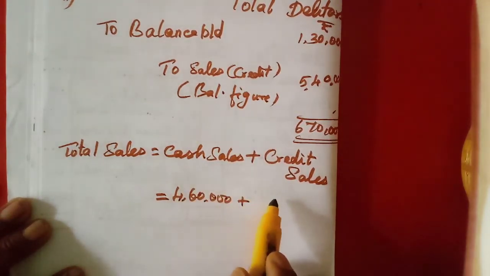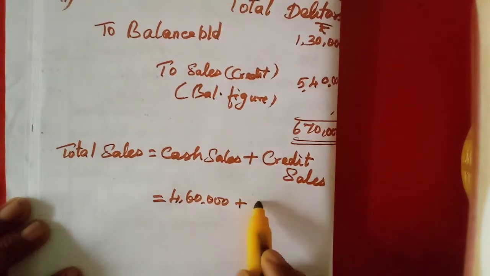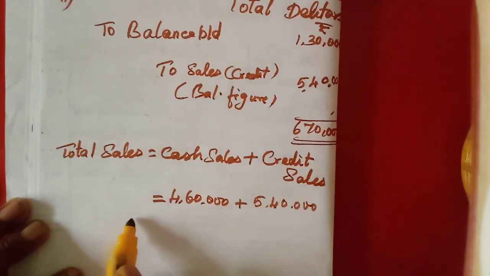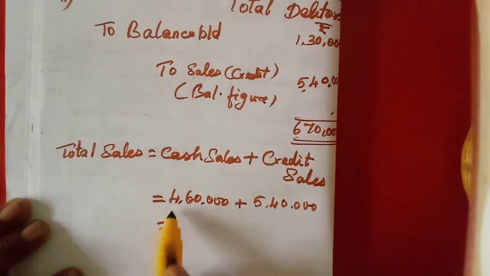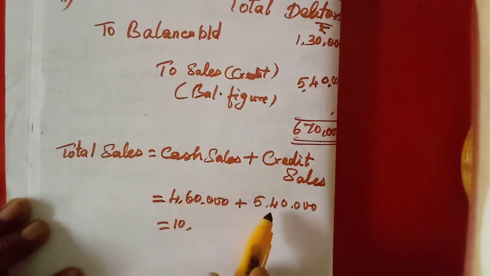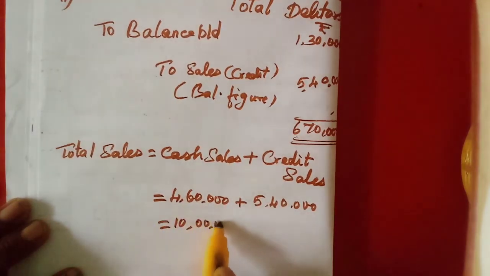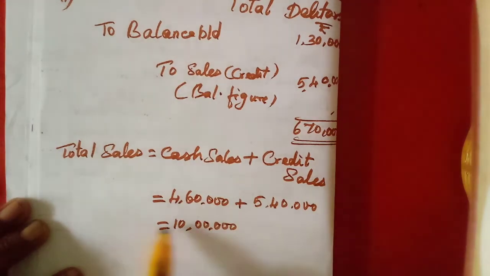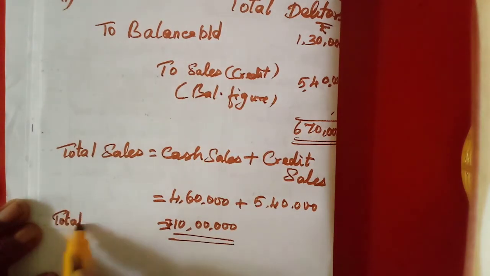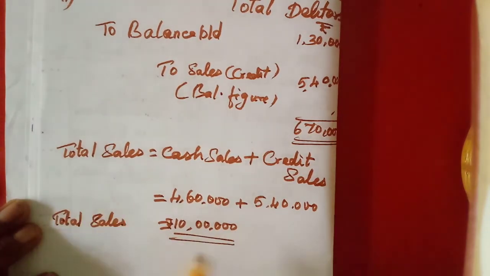Credit sales we have calculated, 5,40,000. Okay, so when we add this one, we will get 10 lakhs, isn't it? 4,60,000, 5,40,000. Or you can write rupees. Okay, total sales is equal to.